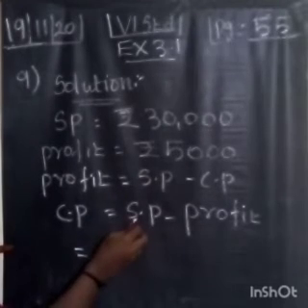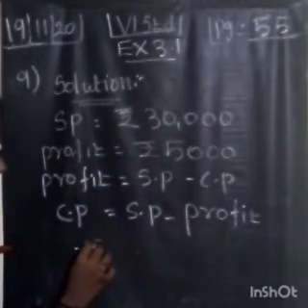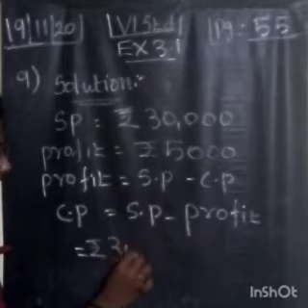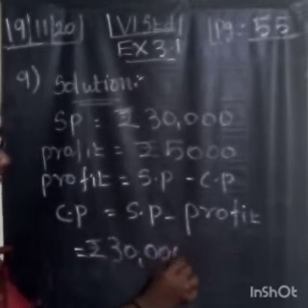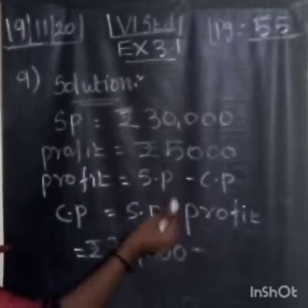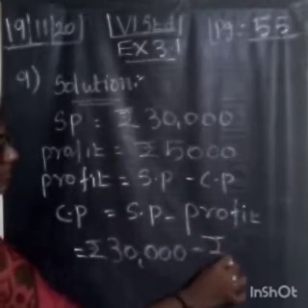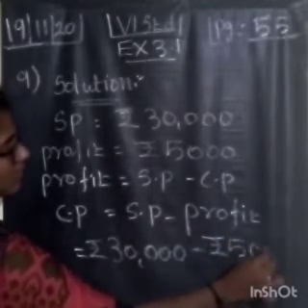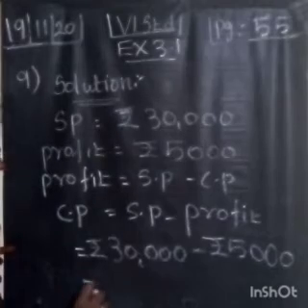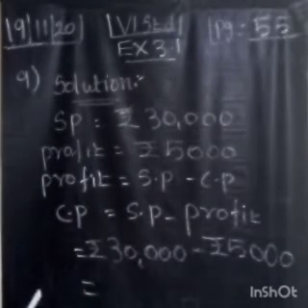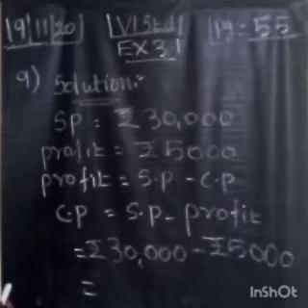So selling price value is rupees 30,000, minus profit rupees 5,000. Here we subtract 5,000 from 30,000.